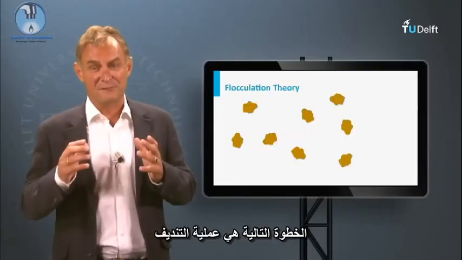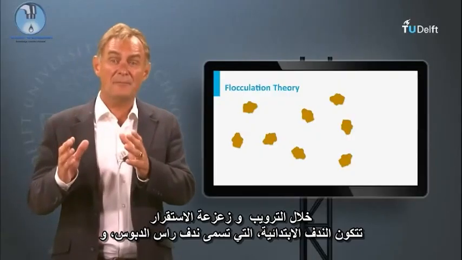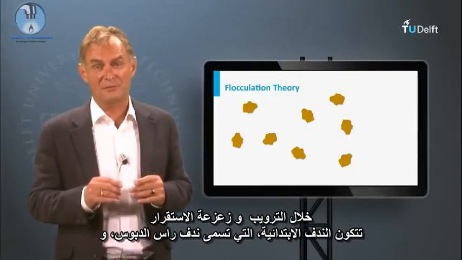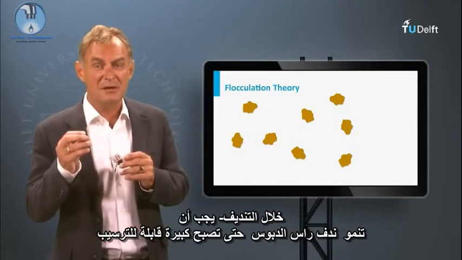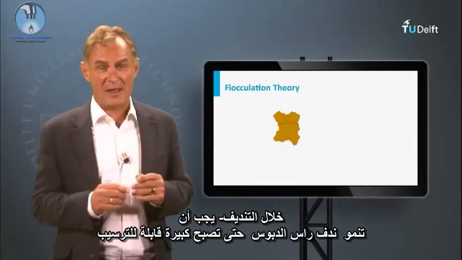The next step is the flocculation process. During coagulation, destabilized elementary flocs, so-called pin flocs, are formed. And during flocculation, these pin flocs have to grow into large settleable aggregates.